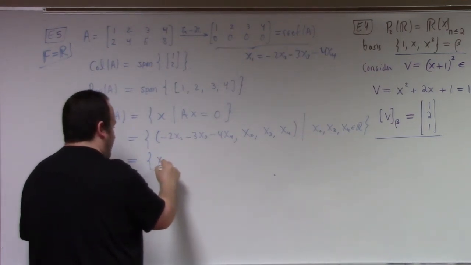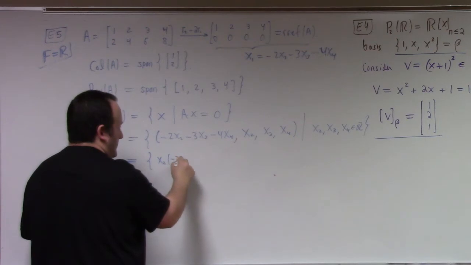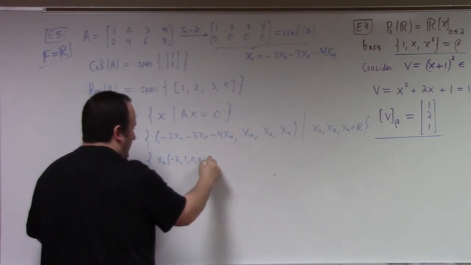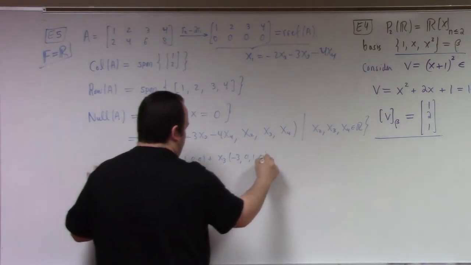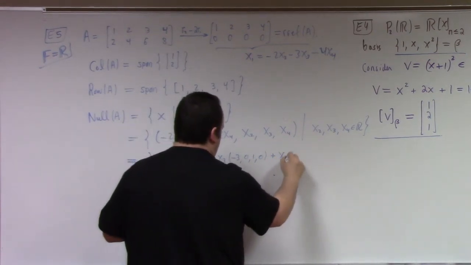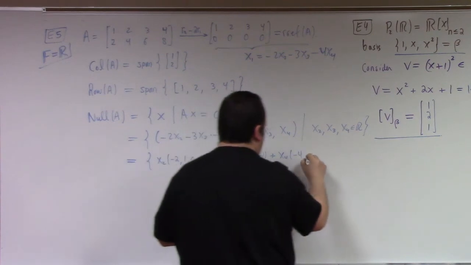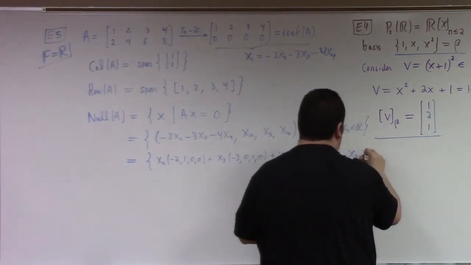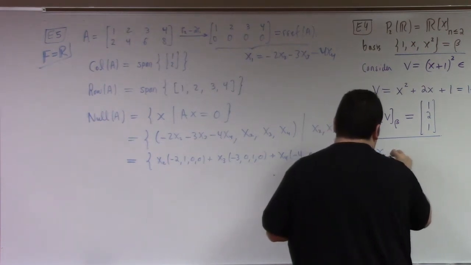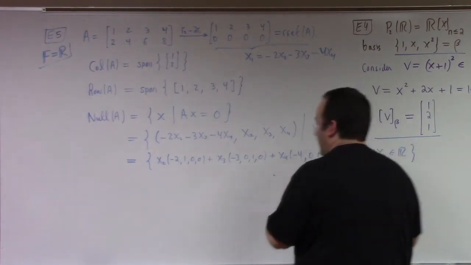So, you look at this. What you've got is x2 times (minus 2, 1, 0, 0), plus x3 times (minus 3, 0, 1, 0), plus x4 times (minus 4, 0, 0, 1), such that, again, x2, x3, x4 are free, real parameters.